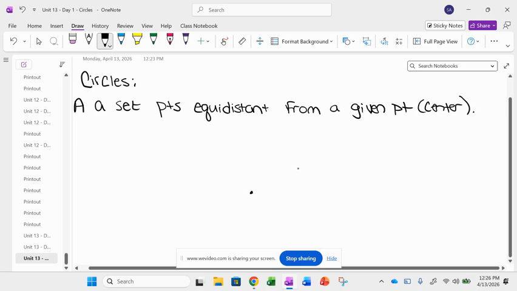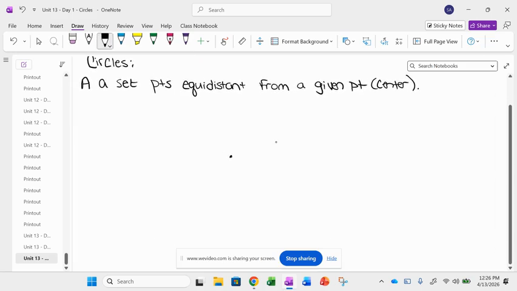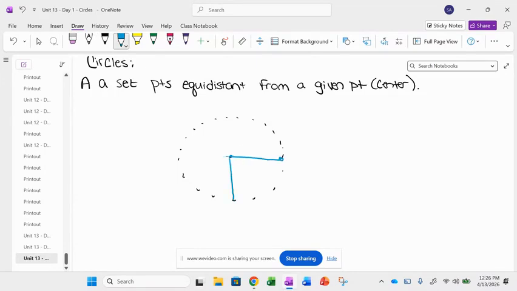And if you guys remember from geometry, we have our center point, and then we have a whole bunch of points around that center point. And what this means is from the center to any point on that rim of the circle is equidistant, meaning it's the same distance from that center. So that means all these segments are congruent.